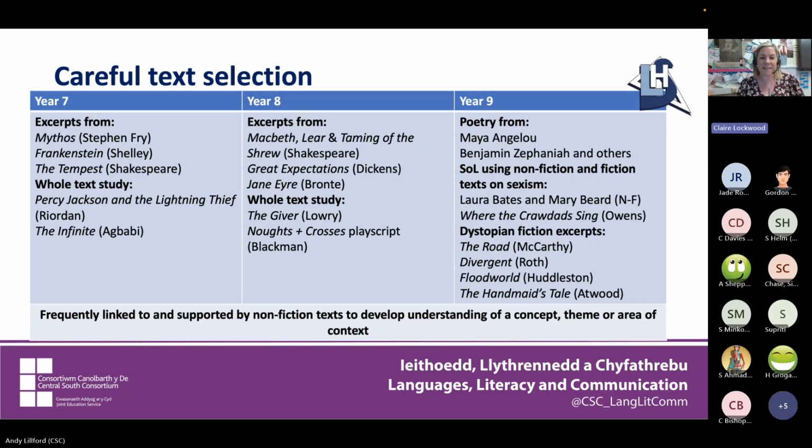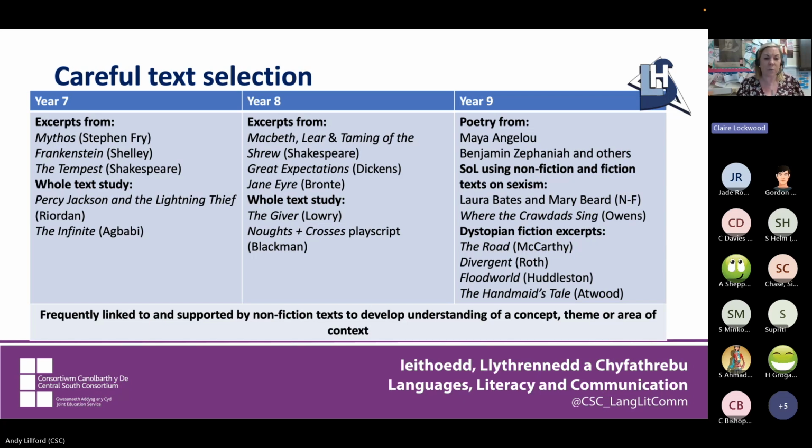We looked at texts to ensure a range of archaic language, linear and non-linear texts, the complexity of the text, the level of symbolism and imagery, and also resistant texts, those that challenge the students.